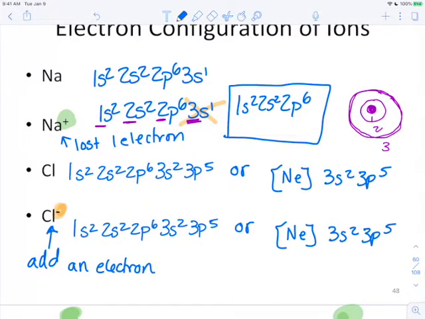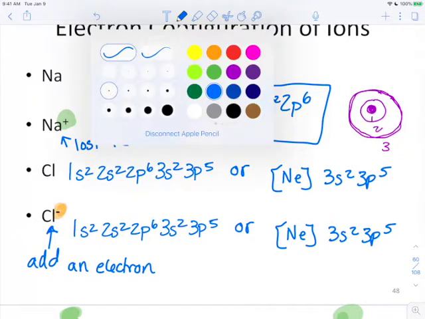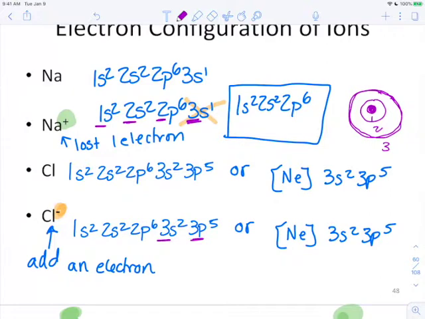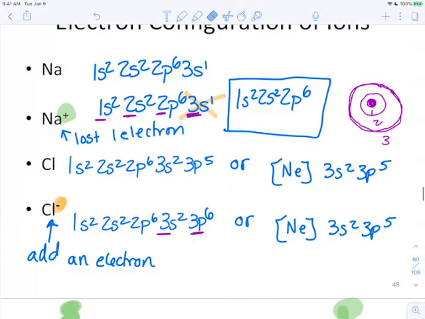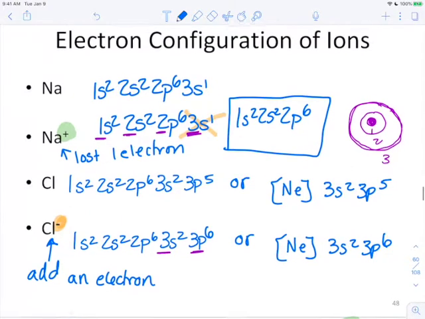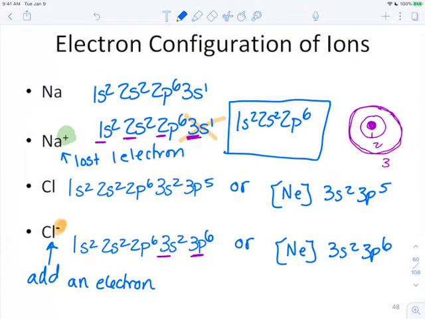And when we're adding an electron, the same rule applies. We're adding it to the highest energy level. And if you have a 3s and a 3p, the p is higher and it's going to take that extra electron. Also, the s was full, so there was no way to put it into the s. So this is a 3s2 and a 3p6 like so. All right, so any questions on anything here? Any questions on anything with electron configuration so far?